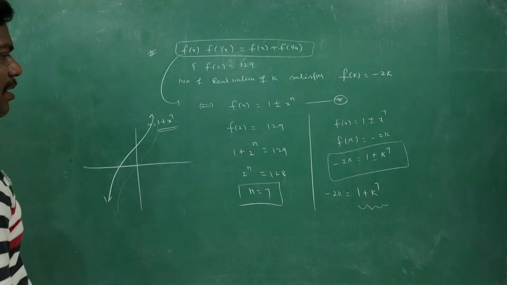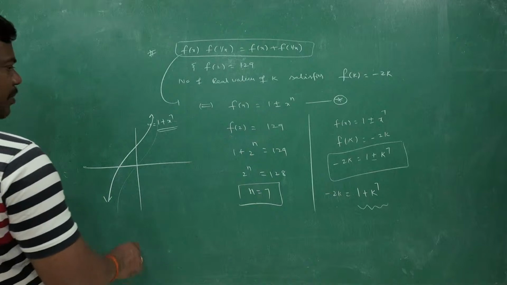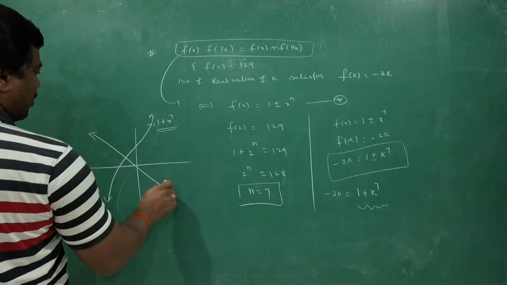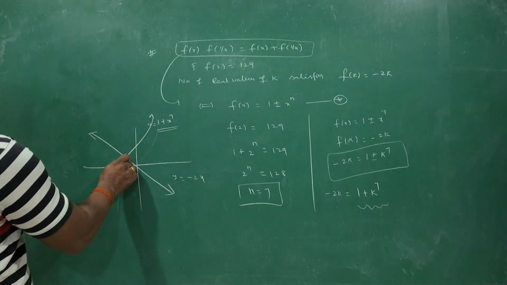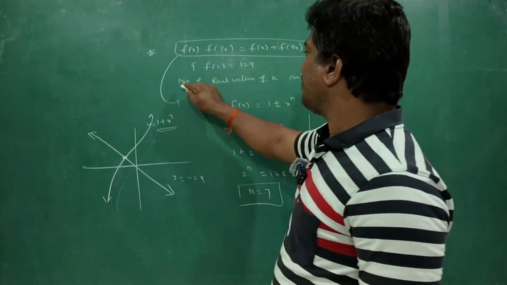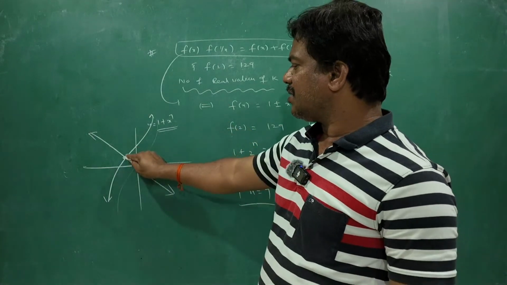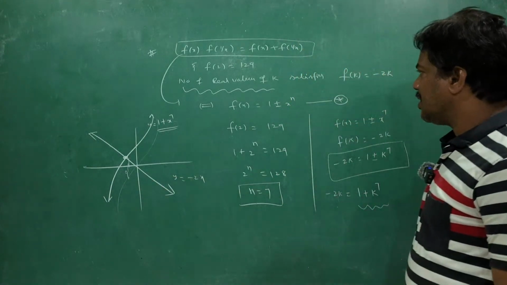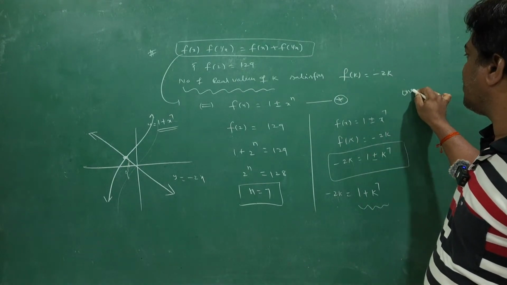Next, minus 2x: the graph of y equal to minus 2x is a straight line passing through the origin. How many intersections are there? Only one intersection. So the number of real values of k, here the number of real values of x, only one real value is possible. So the number of real values of k is 1. Answer: 1.